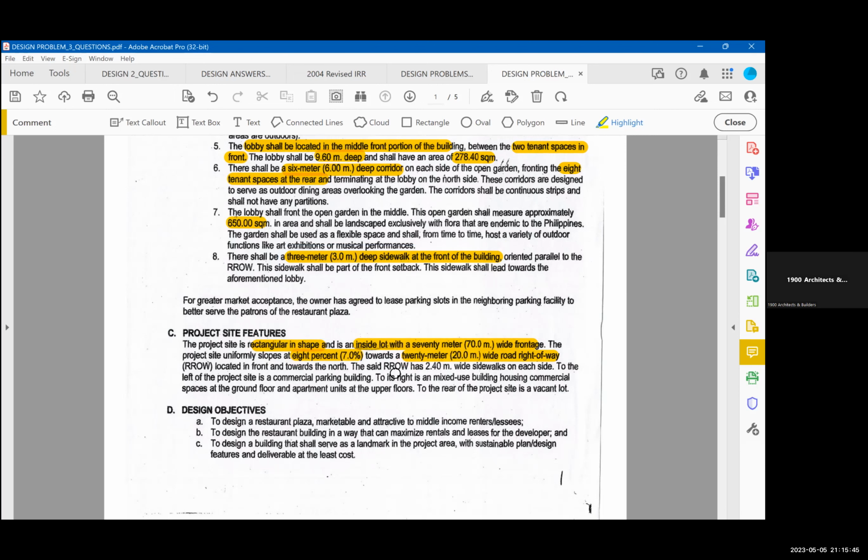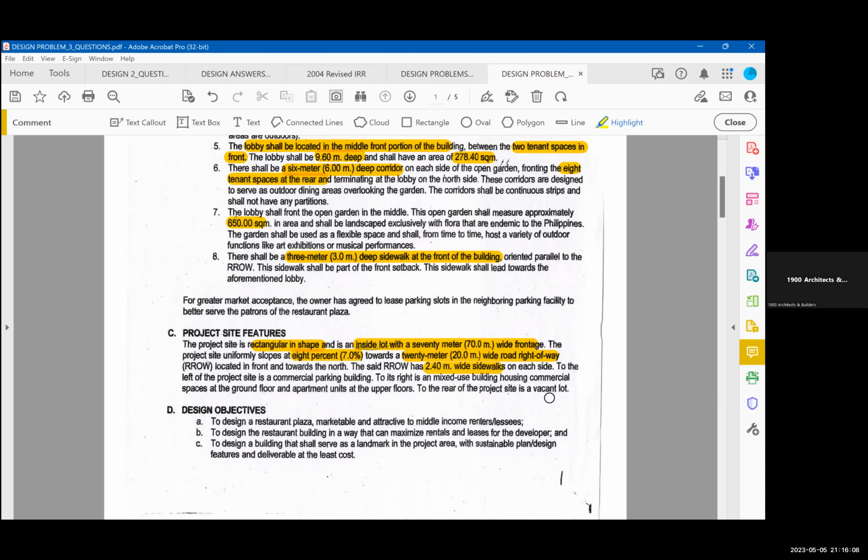The said road right of way has 2.4 sidewalks. To the left of the project site is a commercial parking building. To its right is a mixed-use building housing commercial spaces at the ground floor and apartment units at the upper floors. To the rear of the project site is a vacant lot.